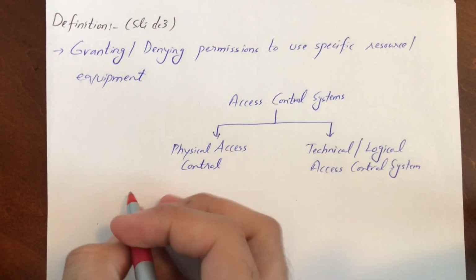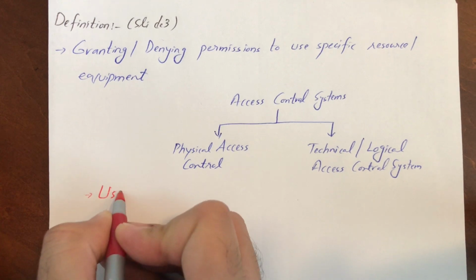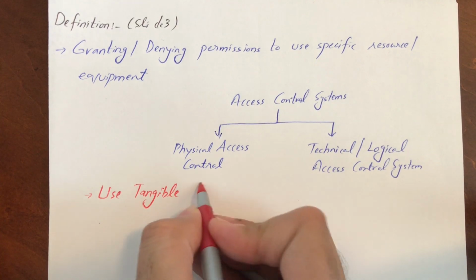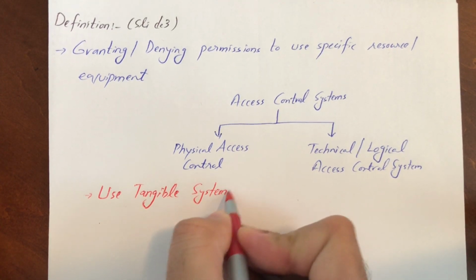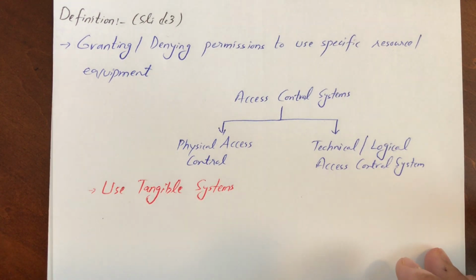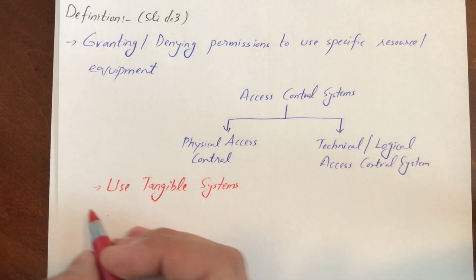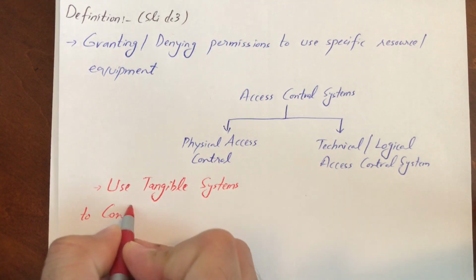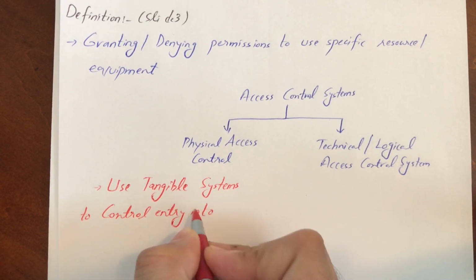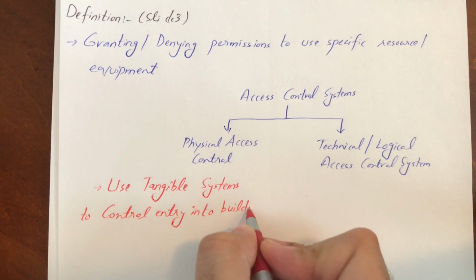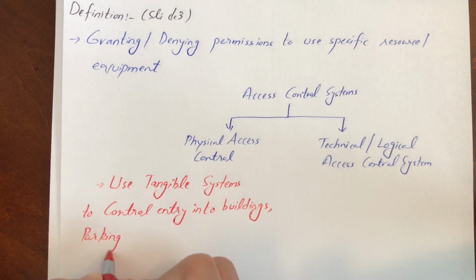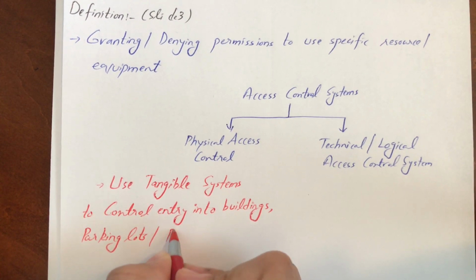Physical access control systems use tangible systems, for example security guards, fences, or door locks, to control entry into buildings, parking lots, or protected areas.